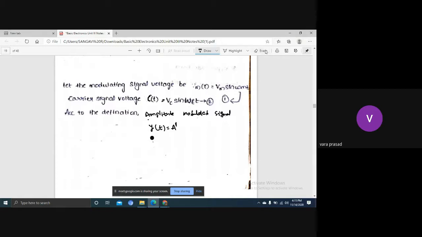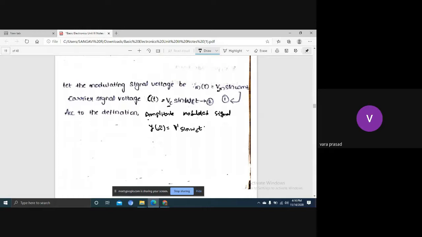Here Vm is the amplitude of the message signal, Vc is the amplitude of the carrier signal, and V dash is the amplitude of the output signal.